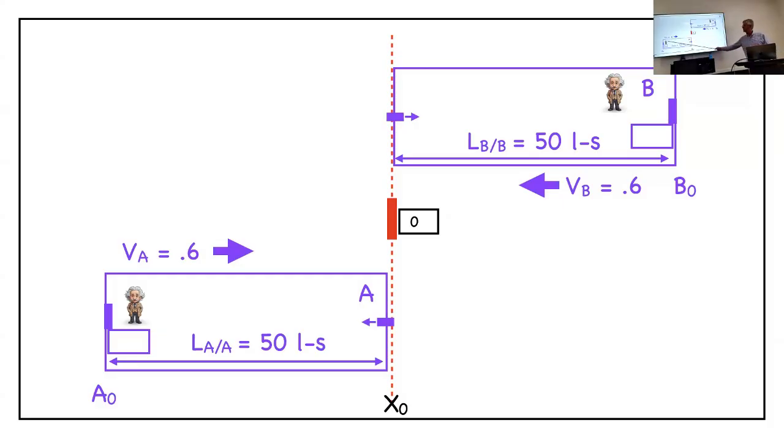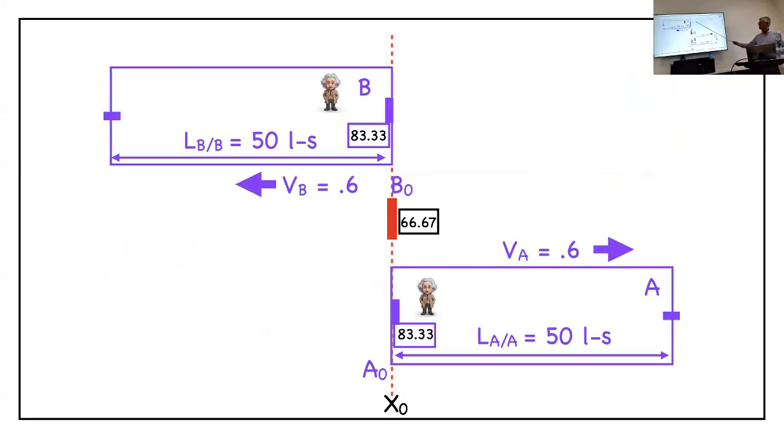And he's concerned because he has this idea that Einstein B is going to be aging more slowly because it's in B. And Einstein B is concerned that A is aging more slowly. B doesn't want to get older than A, and vice versa. But symmetry tells us that at the time of event 2, they're the same age. They've aged 83 seconds in both frames.